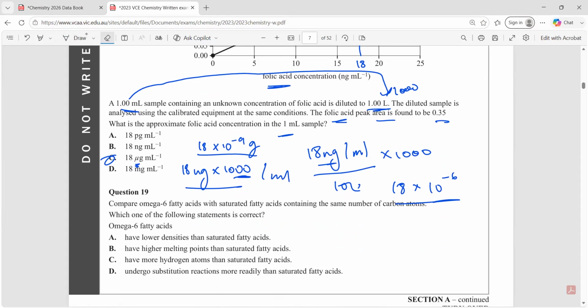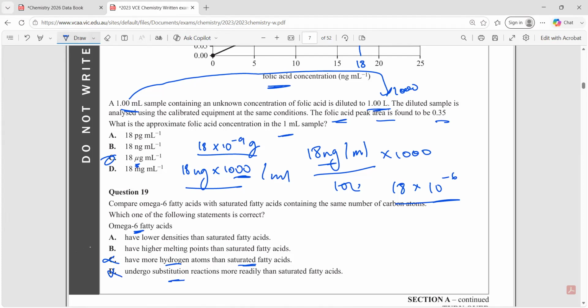Omega-6 fatty acids. I kind of forgot this, but last time I checked, omega-6 fatty acids basically have the double bond at the sixth carbon, which means that they would have fewer hydrogen atoms than saturated fatty acids. Saturated fatty acids have the most hydrogen atoms. They undergo addition reactions more readily than saturated fatty acids.